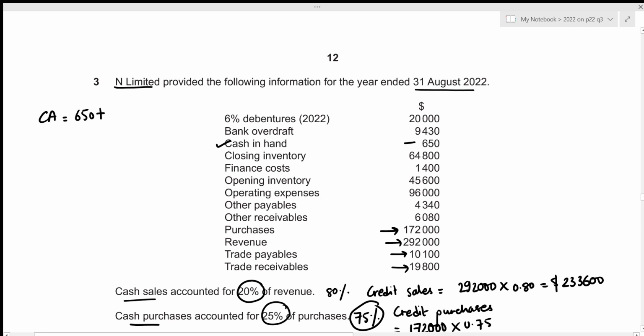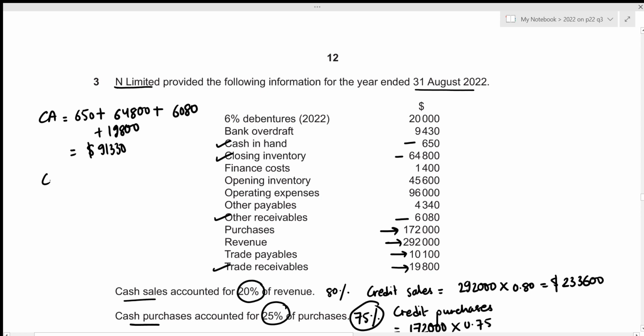Then we have our closing inventory with the amount 64,800. Then we are given other receivables with the amount 6,080. Then we are given trade receivables with the amount 19,800. And this results in the total current assets to have the amount of 91,330.